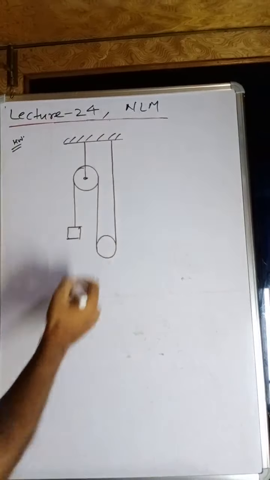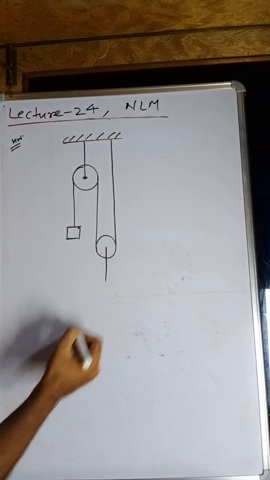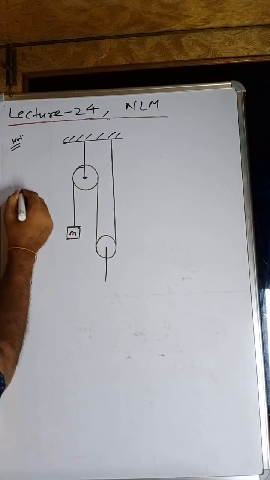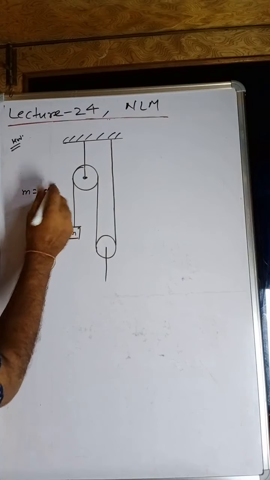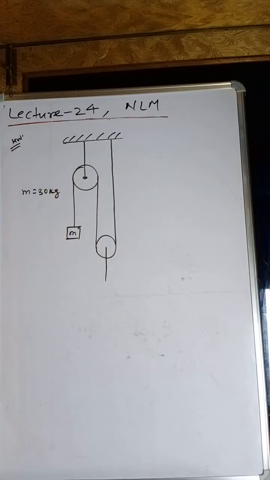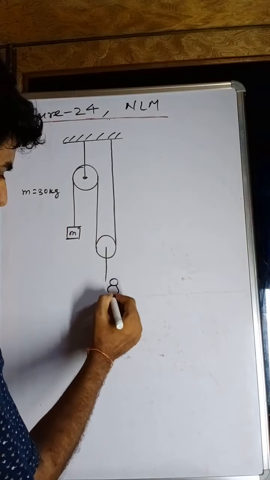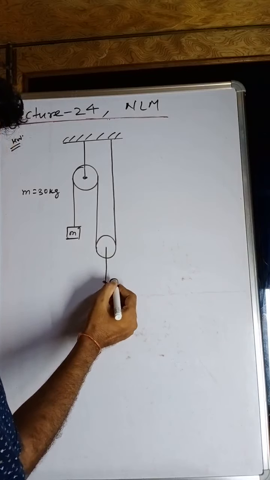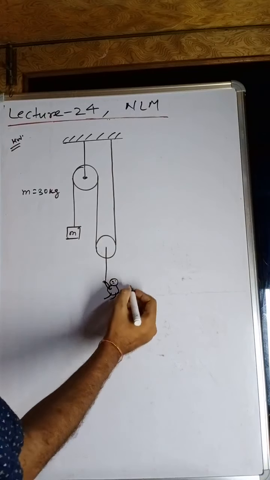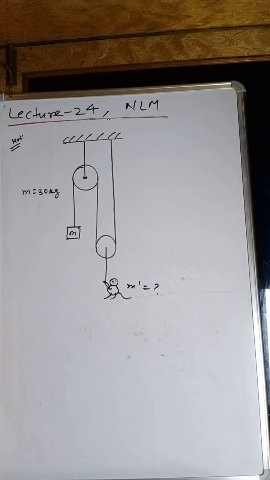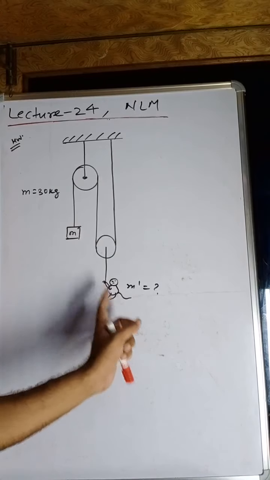Might be I have discussed this type of question. Here this is the value of mass m, and m is 10 kg. Okay, let me write it is 30 kg. And here through this pulley a monkey is hanging by pulling this rope. You have to find the mass of the monkey so that the system remains in equilibrium.